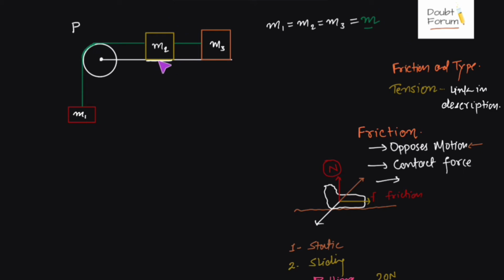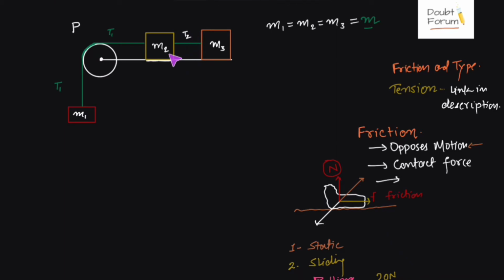So tension cannot be the same at this point and at this point. So we assume for this portion the tension is T1. Here also the tension would be T1 on this portion, because the pulley is frictionless. But in this part of the string, we assume the tension is T2.